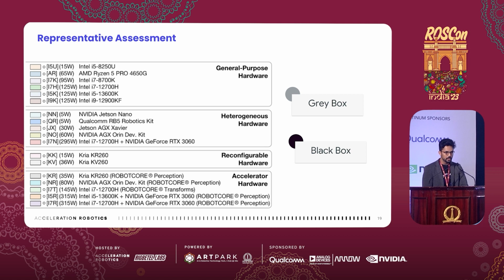Then there's heterogeneous hardware, implying a CPU and GPU mix, or a CPU and FPGA mix. Then there's reconfigurable hardware, which is where Kria or Agilex and all of these fit in. And then there's accelerator hardware. By accelerator hardware, we mean that you do have a reconfigurable device or a GPU there, but now you've written an accelerated package that you want to test on it. So we've got that also.